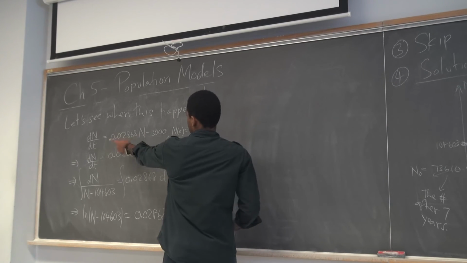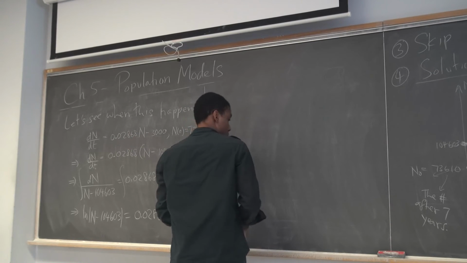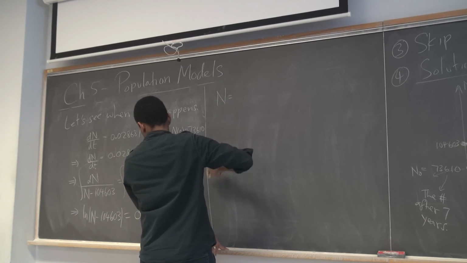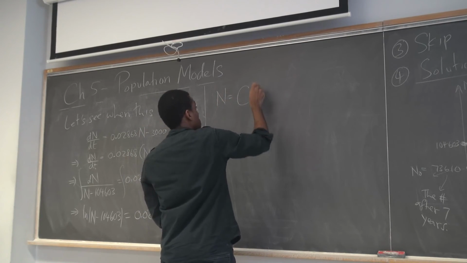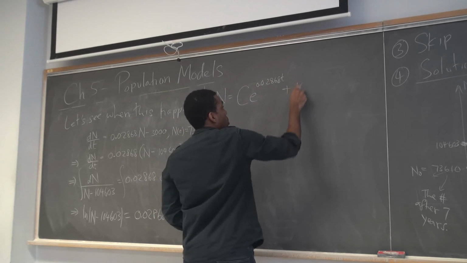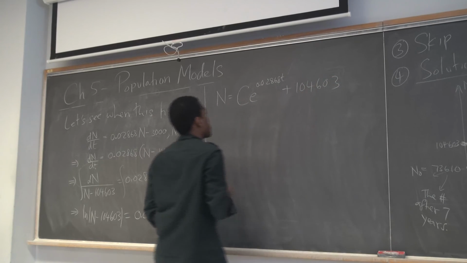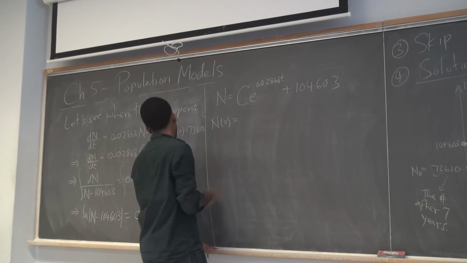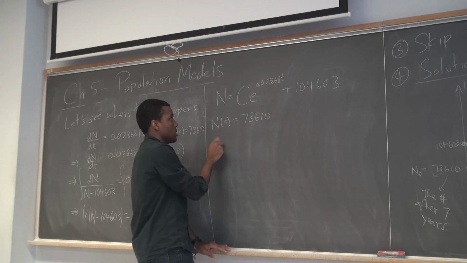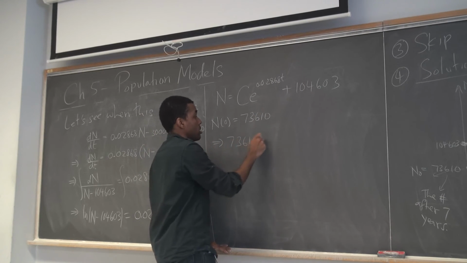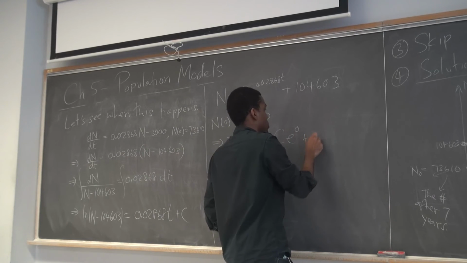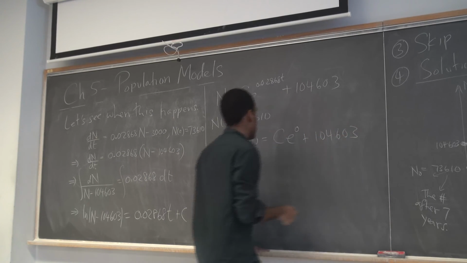Notice, by the way, when we factor this guy out, we end up with a steady state. This ends up being C e to the 0.02868t plus 104,603. And then at 0, n equals 73,610. This implies 73,610 is equal to C e to the 0 plus 104,603.